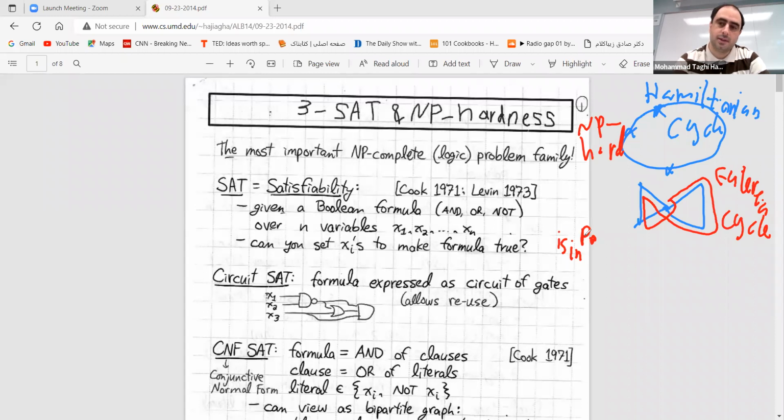And it is interesting. For this problem, we know that the graph has an Eulerian cycle if and only if all degrees are even and the graph is connected.